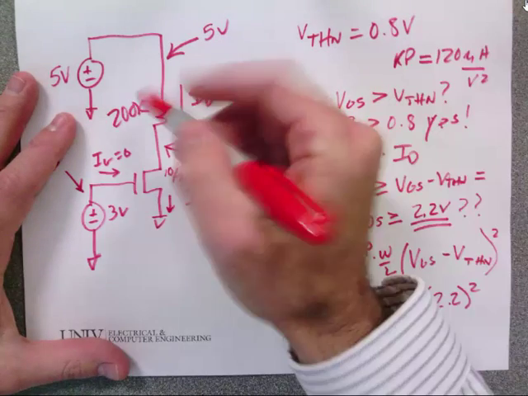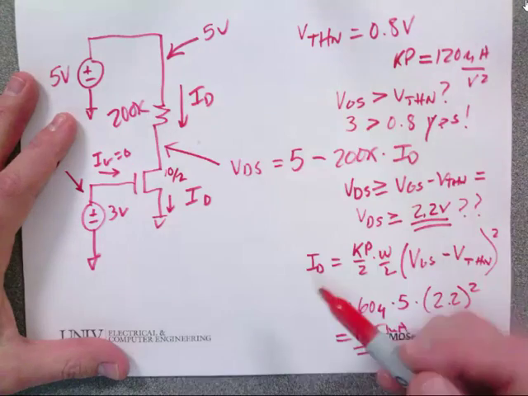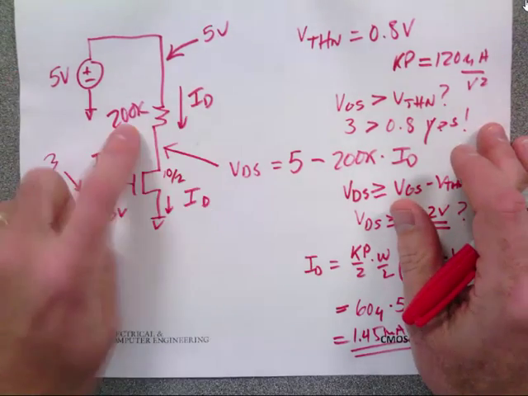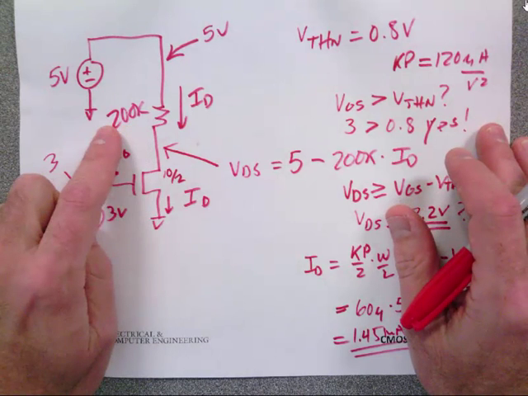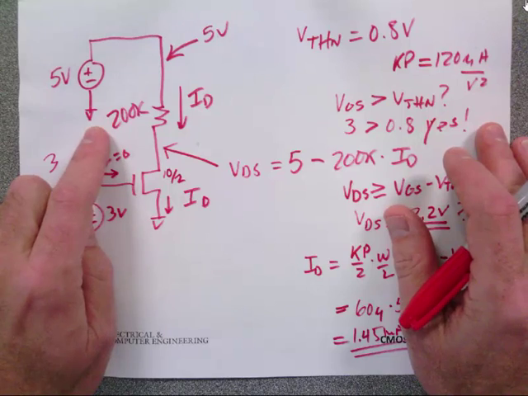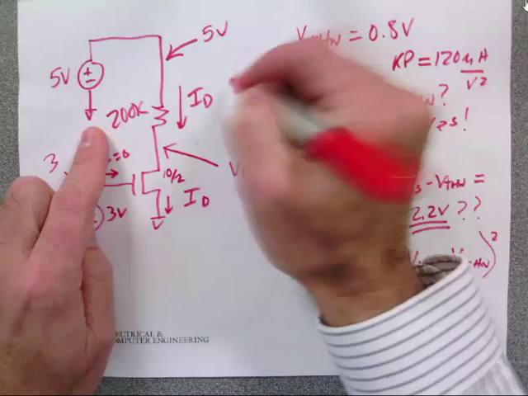what is the voltage drop across the resistor? Okay, I'm going to ask a simple question. In terms of ID and 200K, what is the voltage drop across the resistor? 200K times ID. So what is that voltage drop?